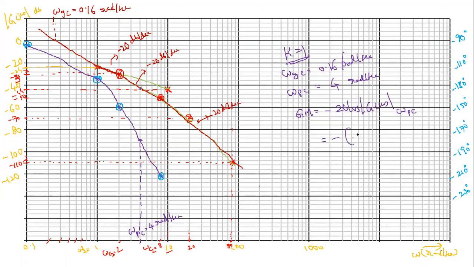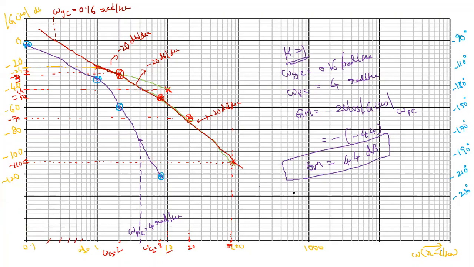So minus of minus 44 will give you plus 44 dB. This is the GM. Right. Now, what about phase margin?